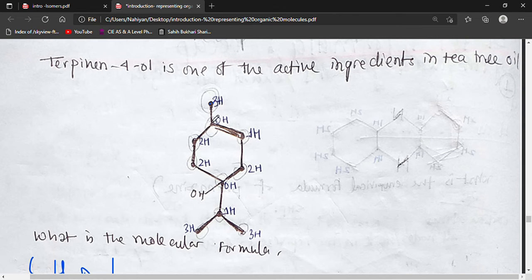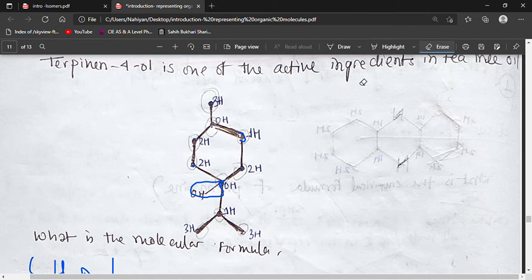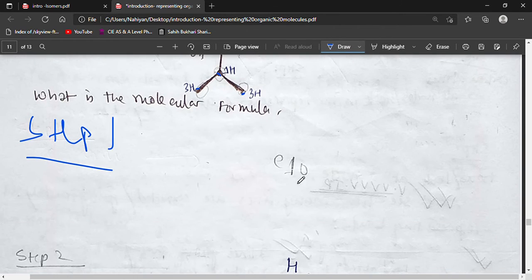We have 1 carbon, 2, 3, 4, 5, 6, 7. This line, the OH, is an extension. So we counted until 7. We have 8, 9, 10. So we have 10 carbons.